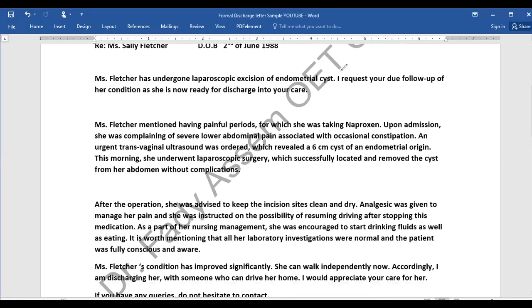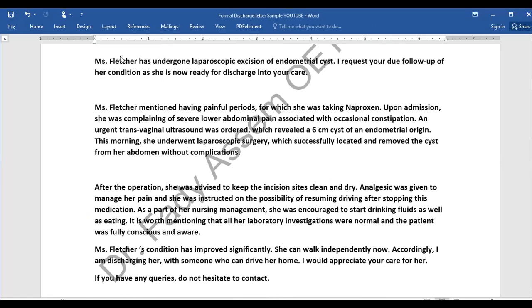Okay, let's see what this letter is talking about. We start the letter, as we mentioned, by clarifying the purpose of this letter. You have to include a general idea about the patient's diagnosis, as well as a general idea about the management plan. So what's written here is that Miss Fletcher has undergone laparoscopic excision of endometrial cyst.